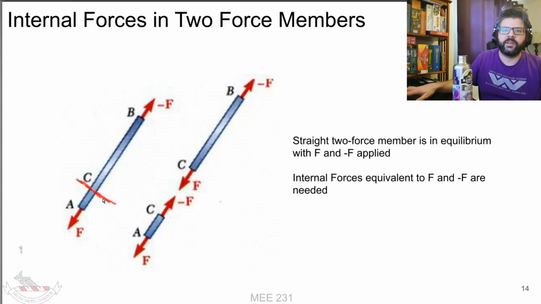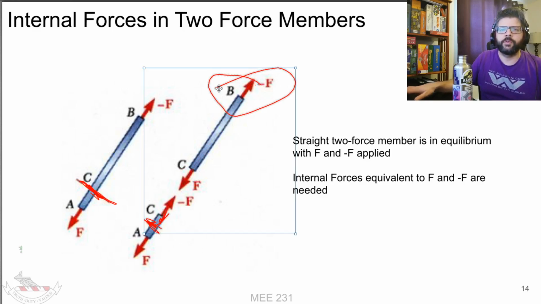So if we take a cut here and break this bar up into AC and CB instead of AB, then when we take this slice, what's left here needs to be the same as here. So this force here just needs to get moved right there. Problem solved.